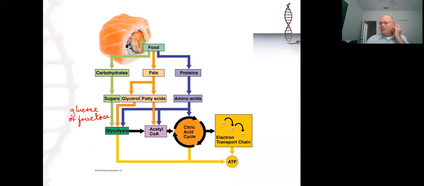So long as you can do that, you can pass any of the sugars that are in the food carbohydrates into glycolysis and generate energy that way.